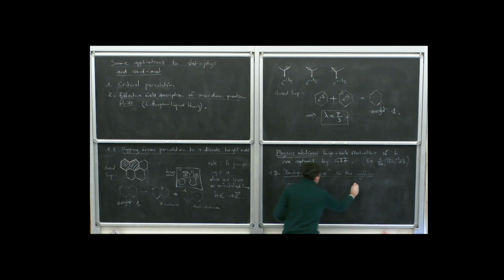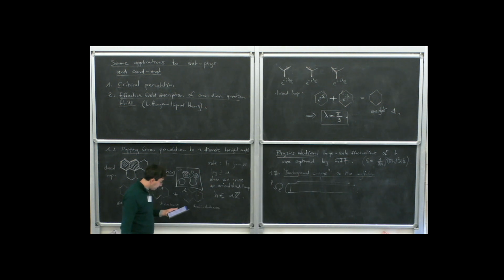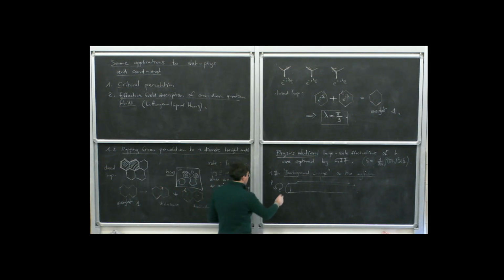So now we look at our percolation model on a long cylinder like this. We use the same notations as last time. Capital L is the length of the cylinder, little l is the circumference. Let's say that this is at position minus L over 2, and this is at position plus L over 2.